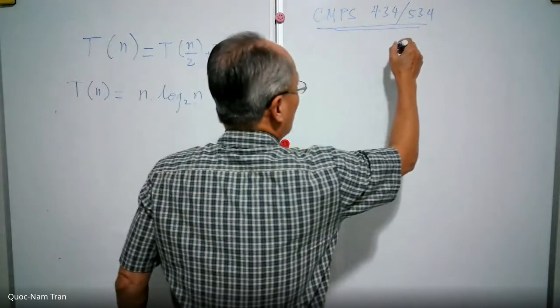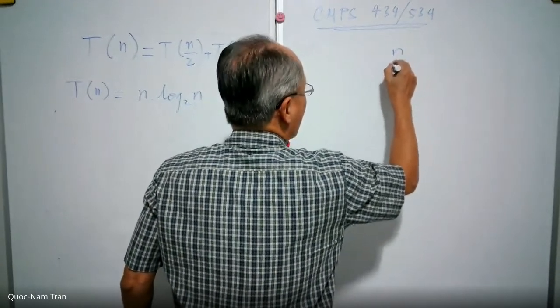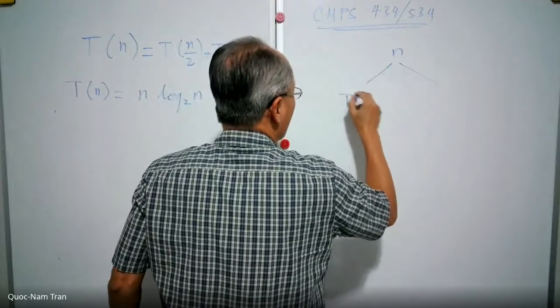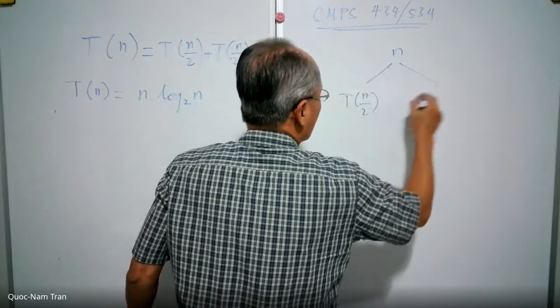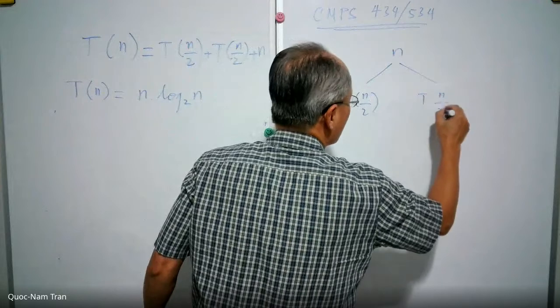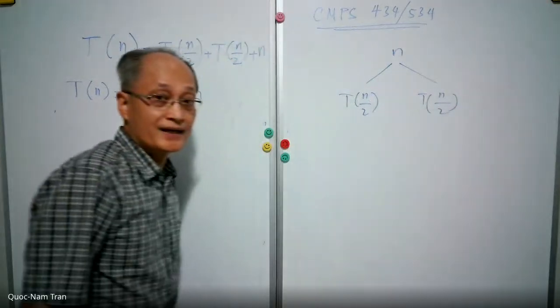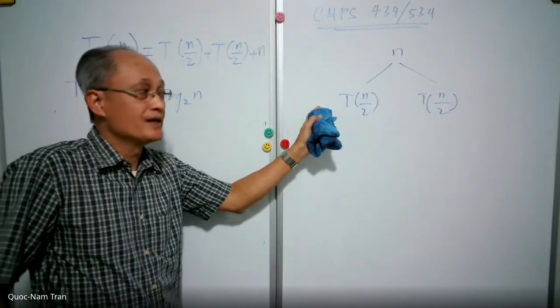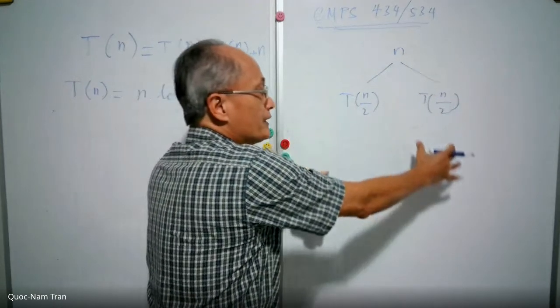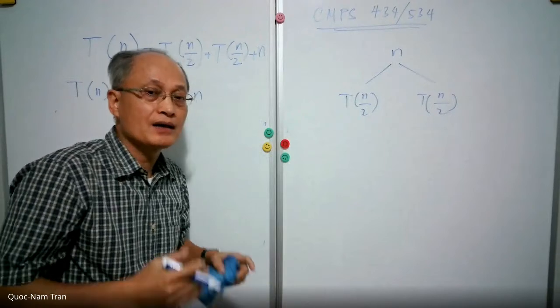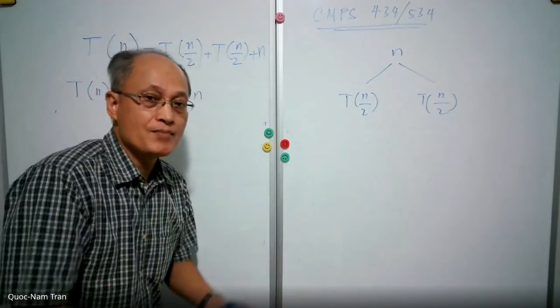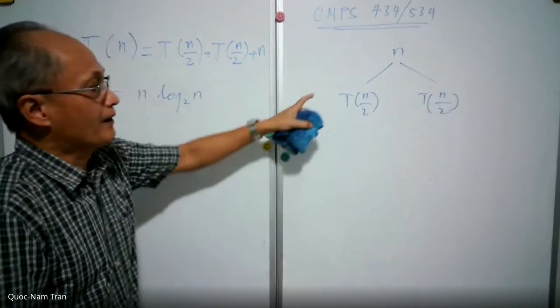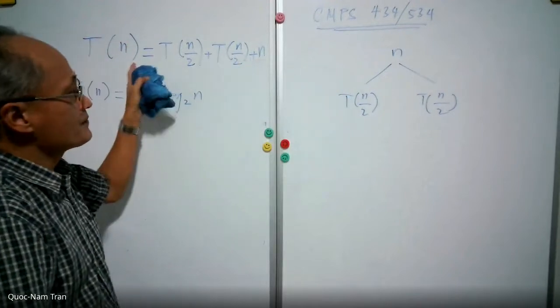So I will start with n, and then I have T(n/2) and T(n/2). This is what we call a recurrence tree, meaning we want to build a tree to show us what the total number of steps would be.